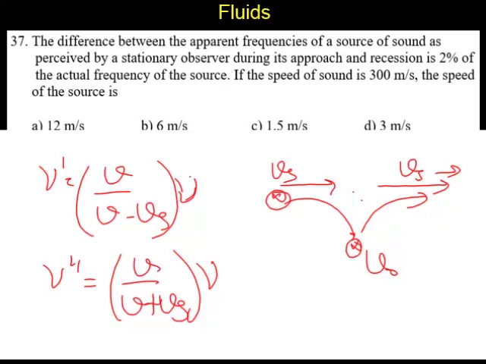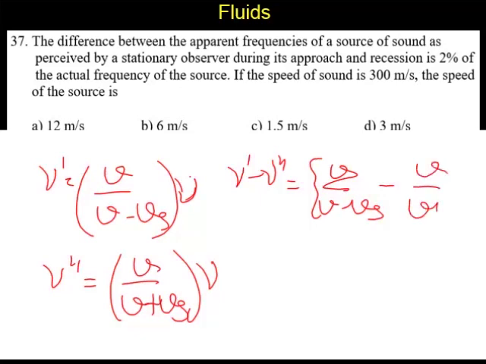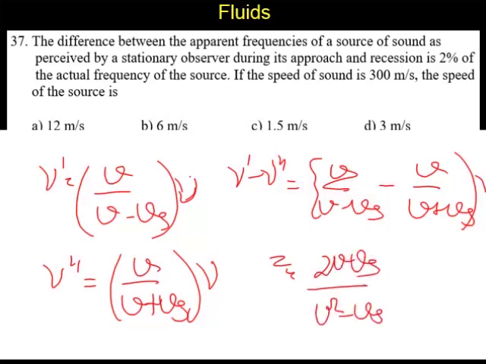We can now take the difference: nu dash minus nu double dash is V by V minus Vs minus V by V plus Vs, into nu. So taking common, we can say it is 2V Vs by V square minus Vs square into nu is a relation.